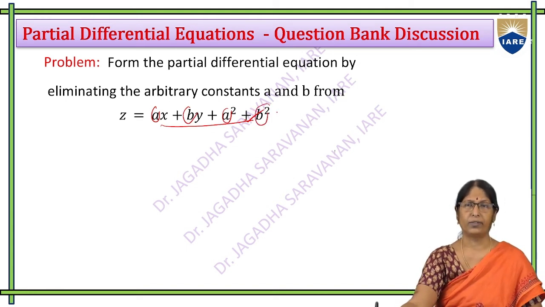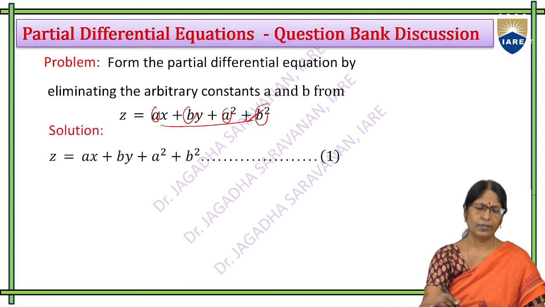Already the notations we discussed just now in the earlier slide: p is ∂z/∂x. Any of the five notations we can apply here, but our aim is that finally in the required solution, a and b should not occur.